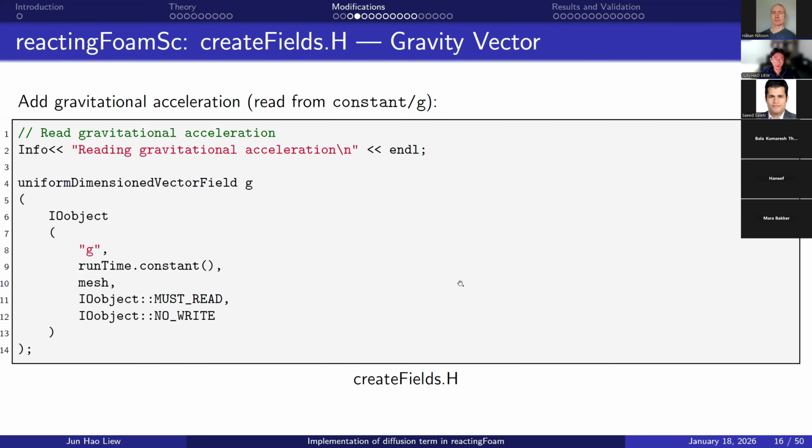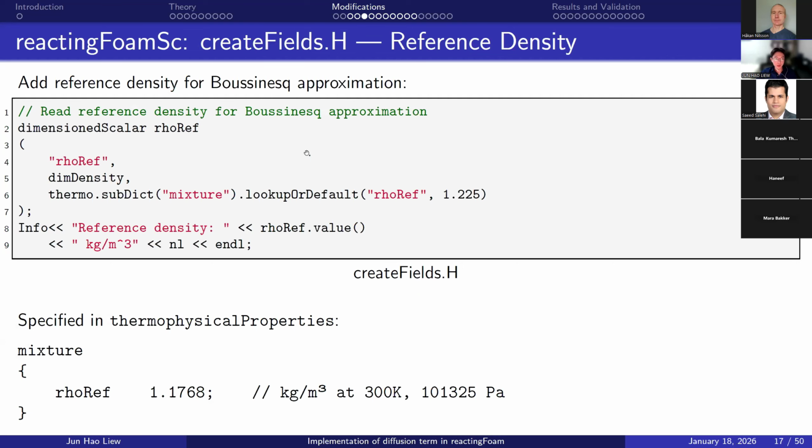And then next, we move into the createFields. Here we add all this. The first line here is just to say when you start the simulation, it'll print out reading gravitational acceleration, which means it has successfully read the file. And then here we introduce g, for which you need to later create a file in the constant folder. And then below that, we introduce the reference density.